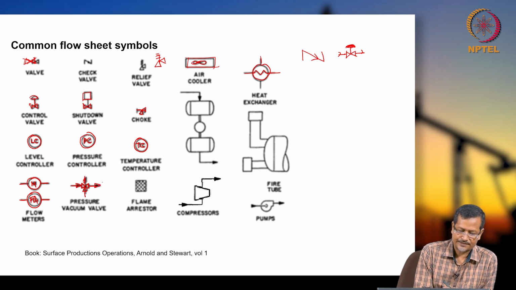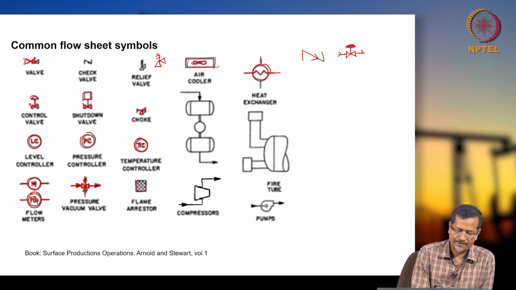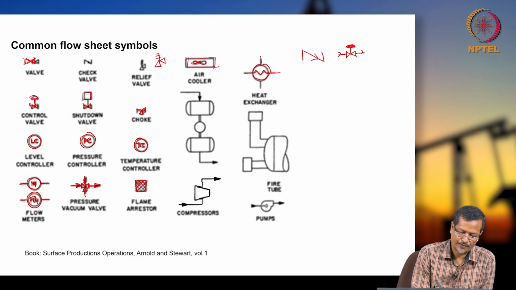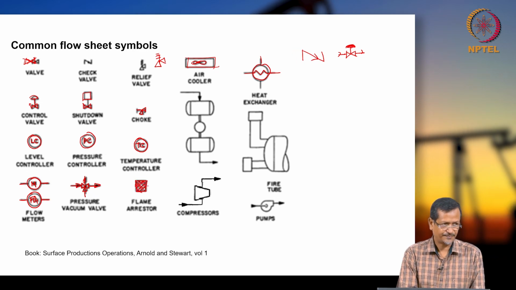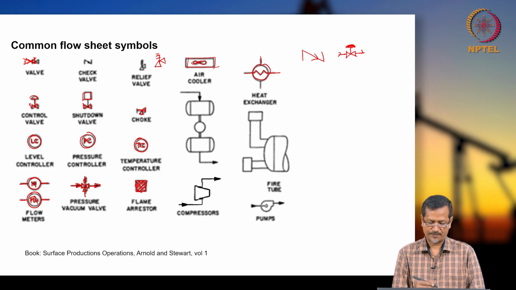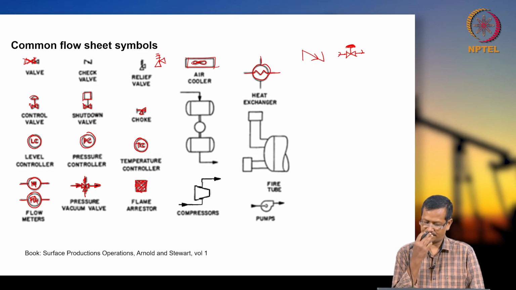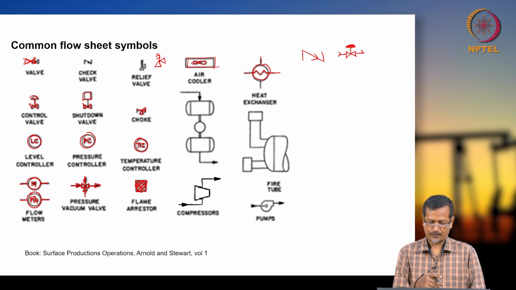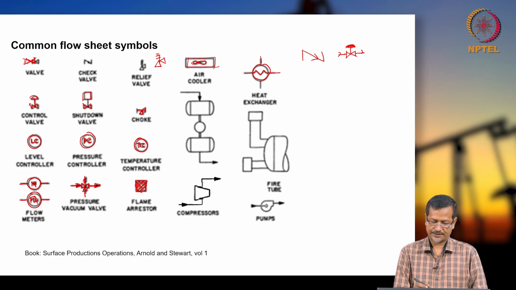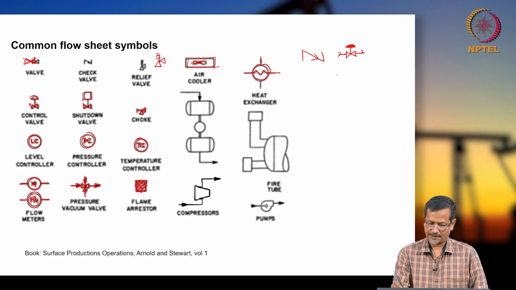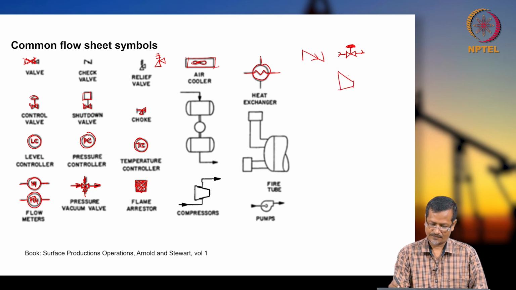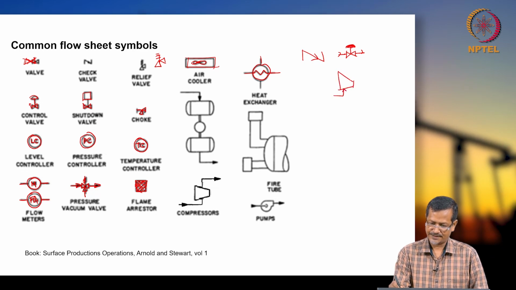A flame arrestor means the flame should not propagate, so they design it like this. The compressor picture in the book has something wrong, so I corrected it and put it here. It goes in like this and goes out like this.